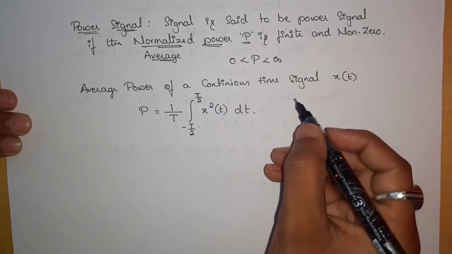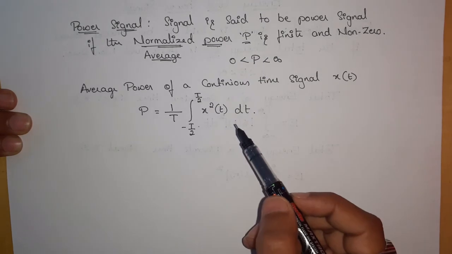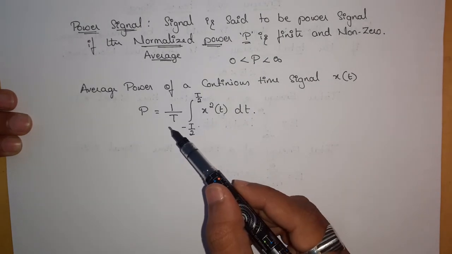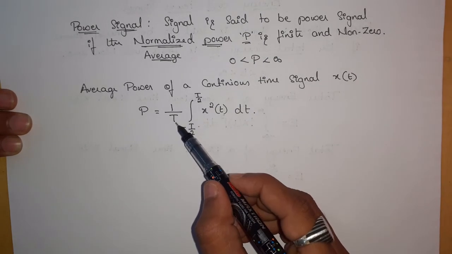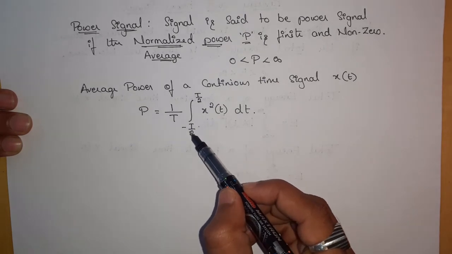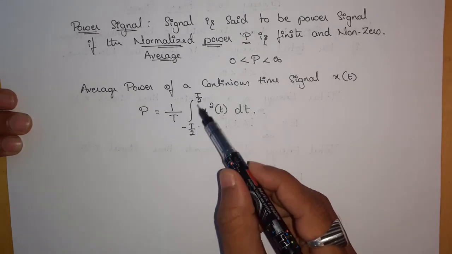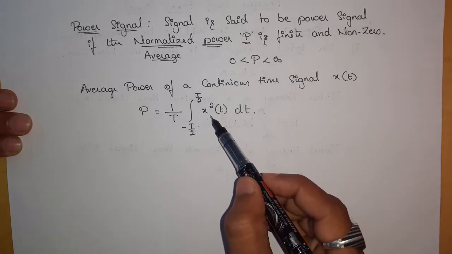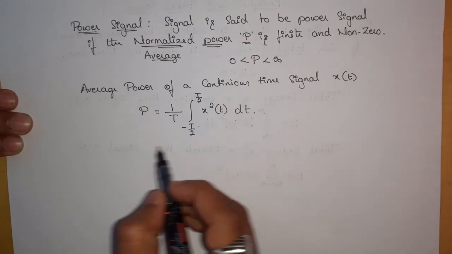The average power, or normalized power, of a continuous time signal is represented as capital P is equal to 1 by T integration from minus T by 2 to plus T by 2 of x square of t into dt.